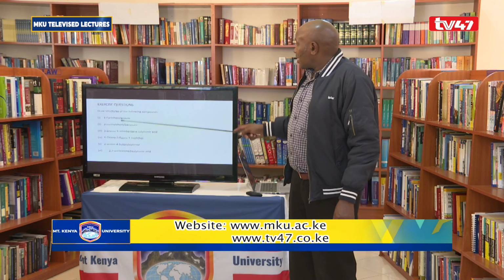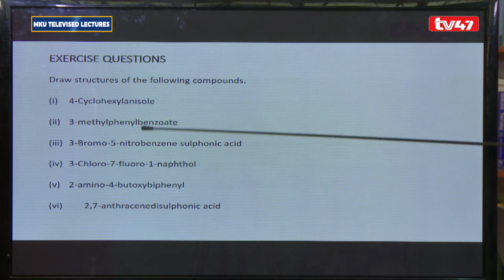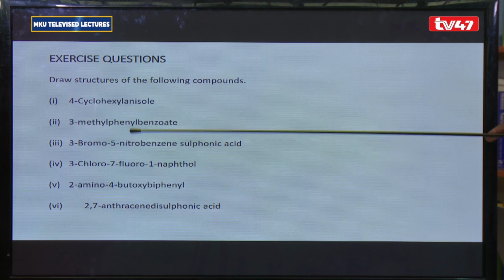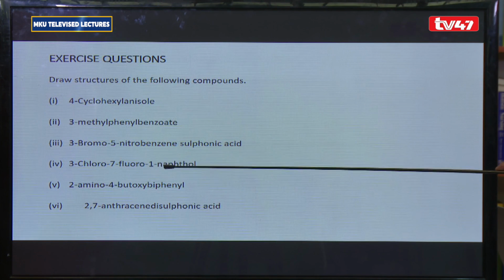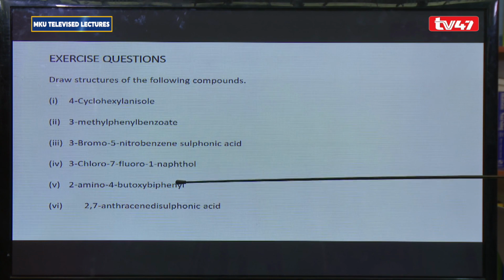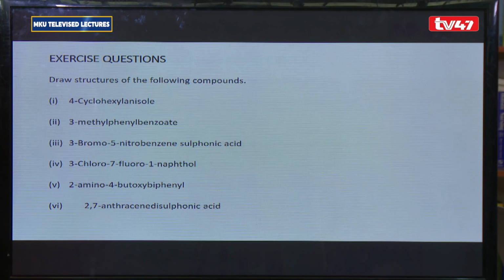So here are exercise questions that can help you to assess your understanding. Draw the structures of the following compounds. All these questions are in nomenclature. 4-cyclohexyl anisole, 3-methylphenyl benzoate, 3-bromo-5-nitrobenzene sulfonic acid, 3-chloro-7-fluoro-1-naphthol, 2-amino-4-butoxyphenyl, 2,7-anthracene disulfonic acid.